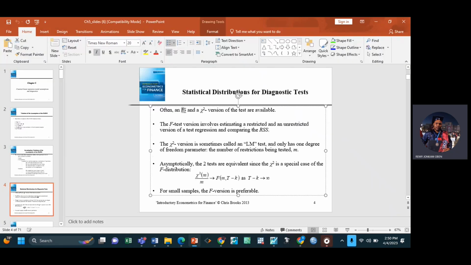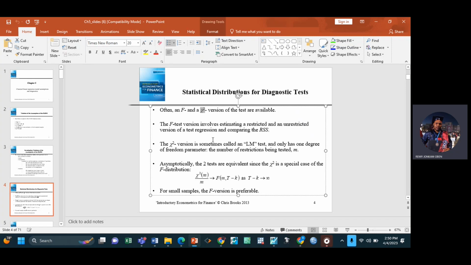So we have an F distribution and we have a chi-squared distribution. We can use either of these distributions when talking about these assumptions. But typically, most of the time, these distributions give you the same results.